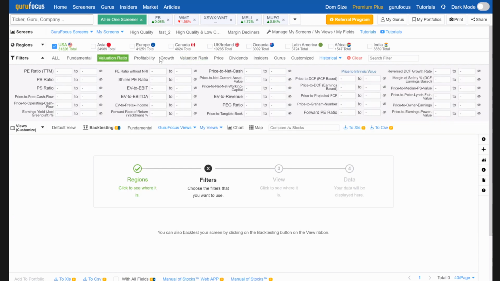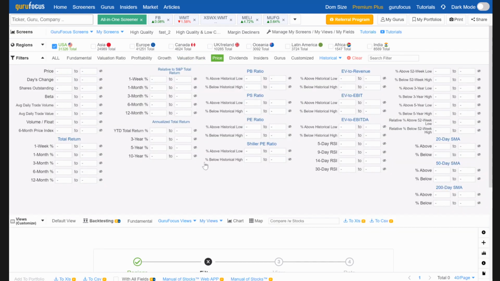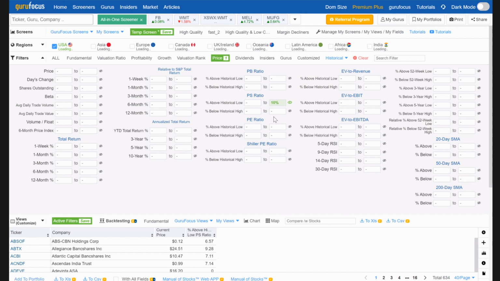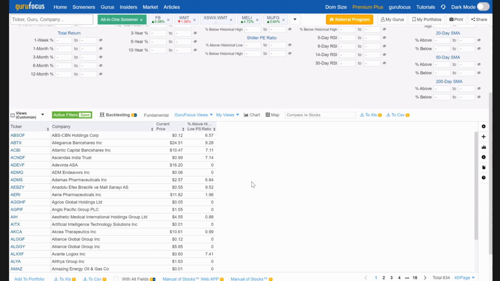No, I forgot, it's under... Yeah, it's here. Okay. You can set that PS ratio is above historical low. I think this historical low is the 10-year low. So how much percent is above or below? For instance, I want only stocks that are traded at a price to sales ratio less than 10% above the historical low. You can do that.